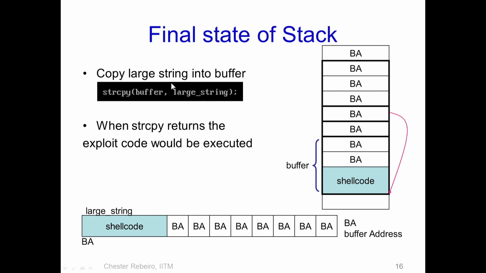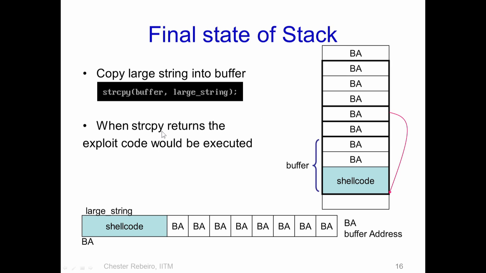As a result of this string copy being executed, there is a stack frame created for the string copy, and as we know the string copy will continue to copy bytes from the large string to the buffer until it finds a \0. So, in such a way, what would happen onto the stack is that the large string gets copied. First the shell code gets copied and then the buffer address keeps getting overflowed onto the buffer and keeps going on until a \0 is found.